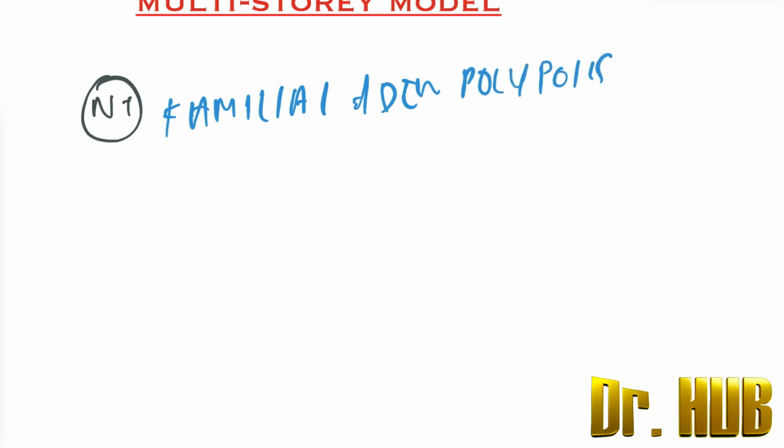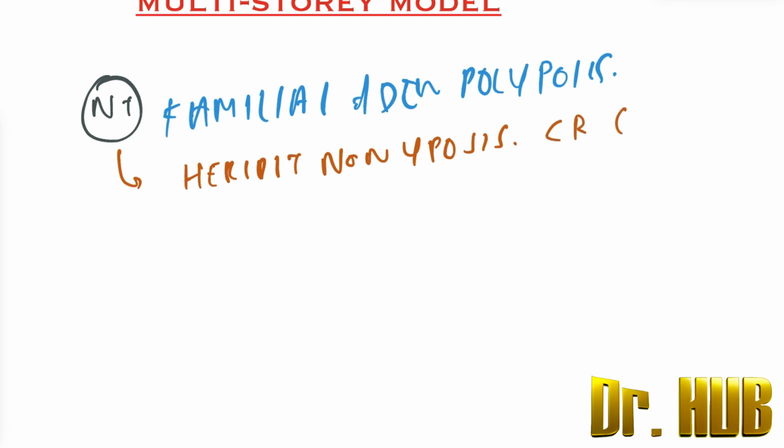Here there is familial adenomatous polyposis, as well as hereditary non-polyposis colorectal cancer.